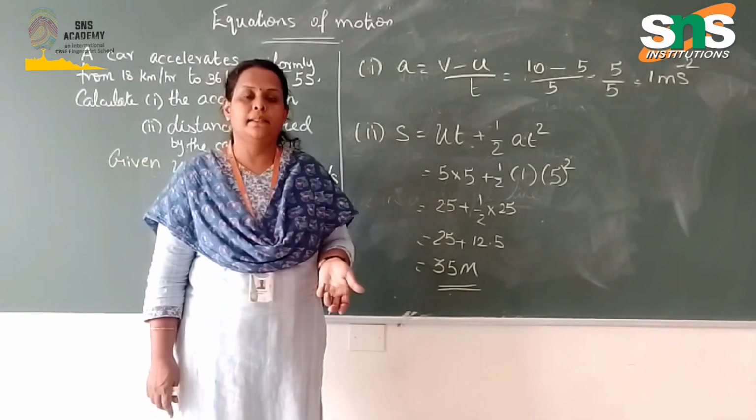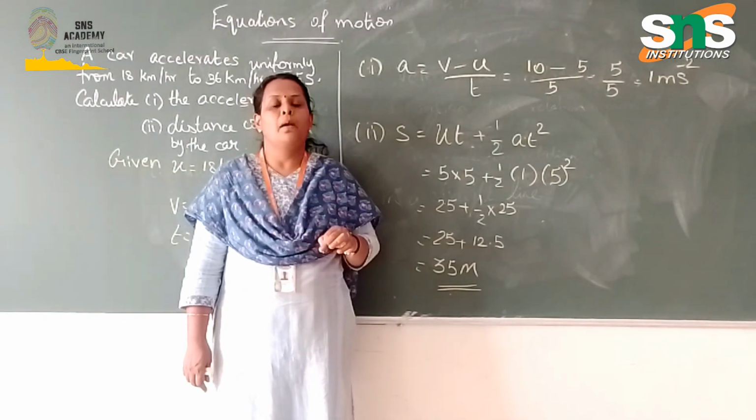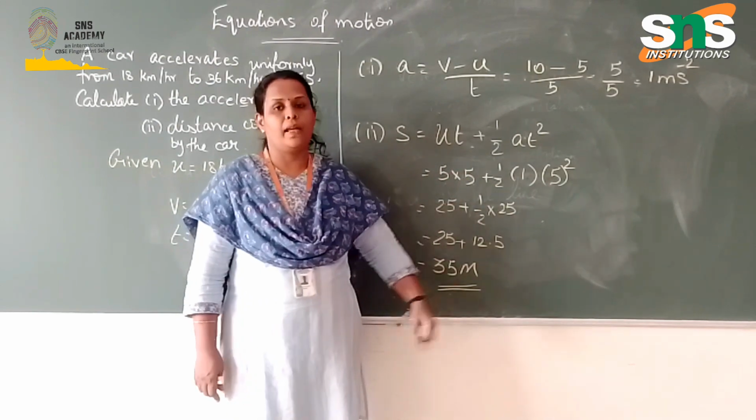How to calculate the distance covered? The distance covered is represented by the symbol s. So s = ut + half at square.